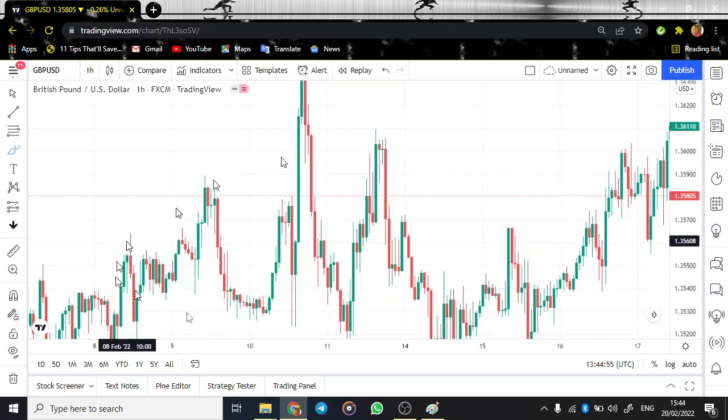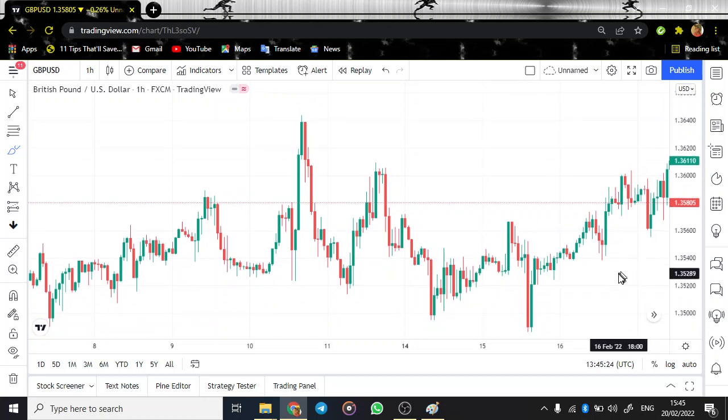Each one of them took an hour to be created. See where my pointer is? When I click it, it says 1 hour. This means that it took an hour to create this candlestick, the next hour to create this one, the next hour to create this one. So this is a time frame of candlesticks, each candlestick being created for an hour.